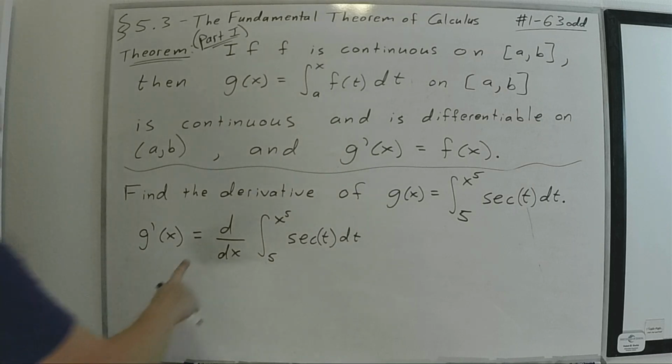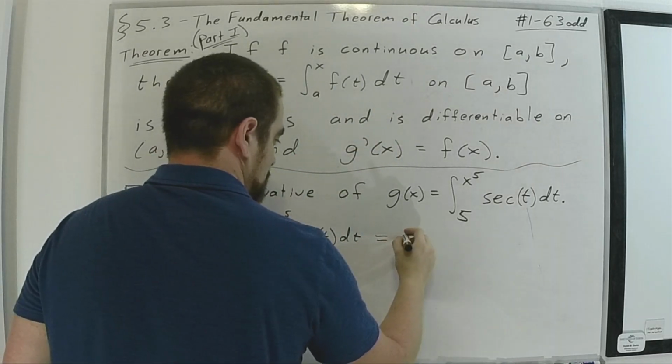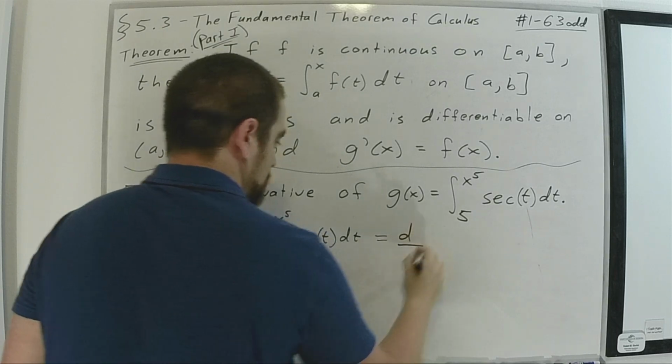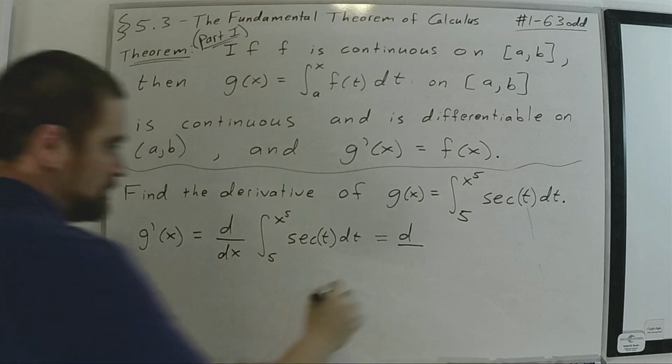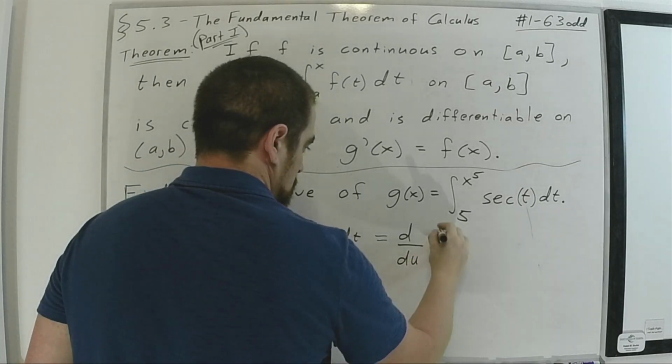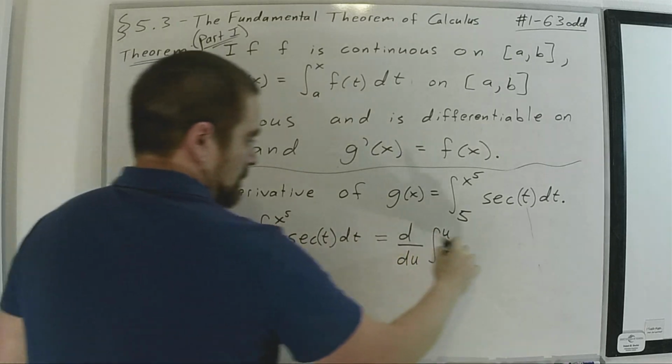So what I'm going to do is fit it into this theorem by rewriting this as the derivative. Since I have x to the 5th, I'm going to look at this as u, some sort of variable.